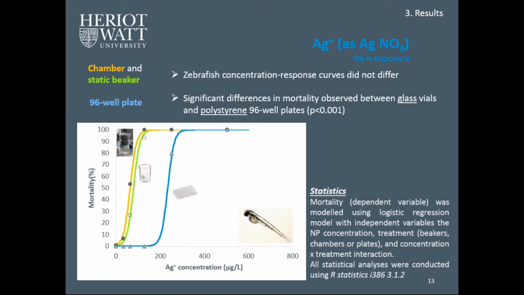The orange curve is the mortality produced inside the chamber, the green curve is the static beaker, and the blue curve is the 96-well plate. We see that the zebrafish concentration response curve did not differ between the chamber and the static beaker. However, significantly reduced toxicity was found in the 96-well plates.